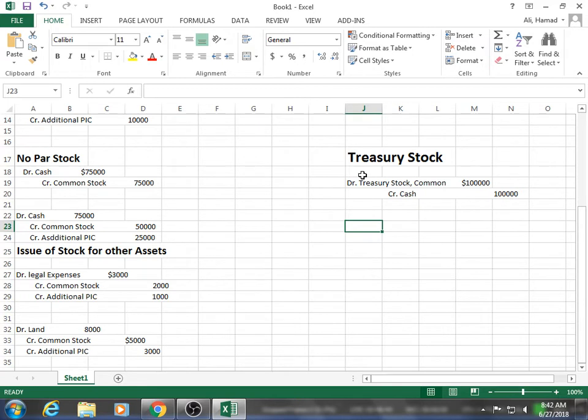The subtotal is 2,100,000. Now minus treasury stock, it becomes 2,060,000. That's where it is located.